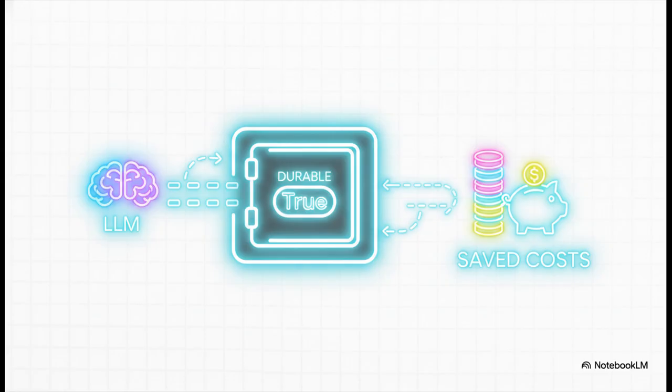Without caching, a retry means executing all those expensive, time-consuming LLM calls all over again. But by just setting durable to true and pointing to an object storage backend, like S3 for example, Airflow retrieves the successful data from the cache and only makes the necessary calls at the exact step where the failure occurred. And the best part, once the task succeeds, the cache auto-cleans itself. It's a brilliant cost-saving pattern.